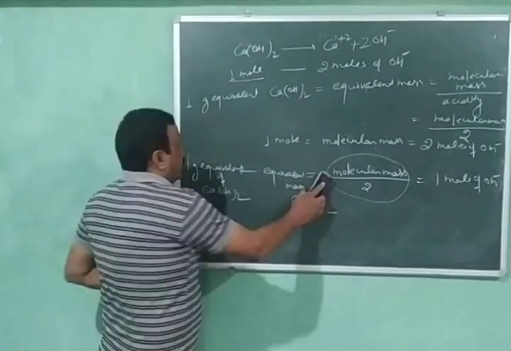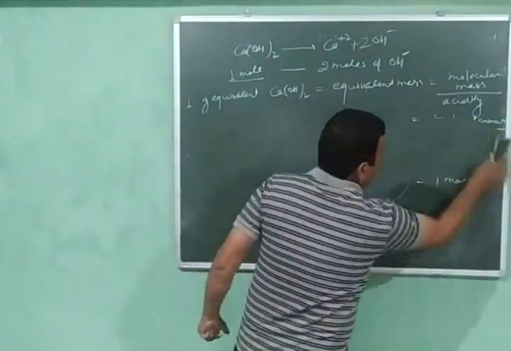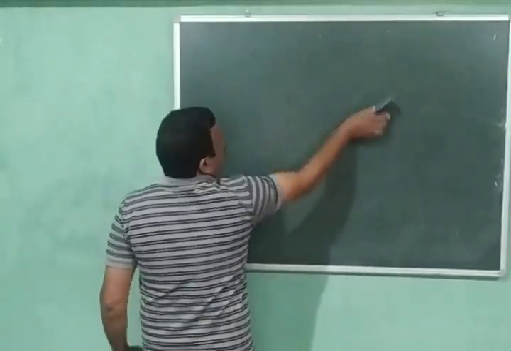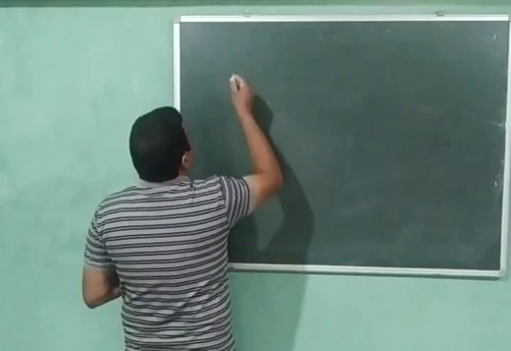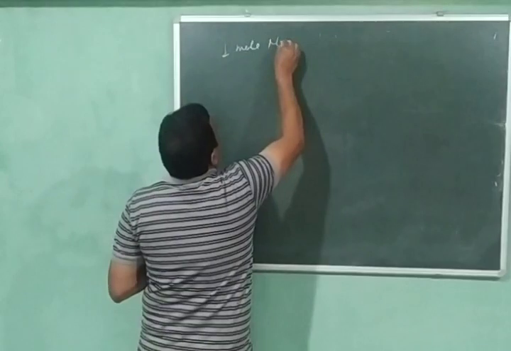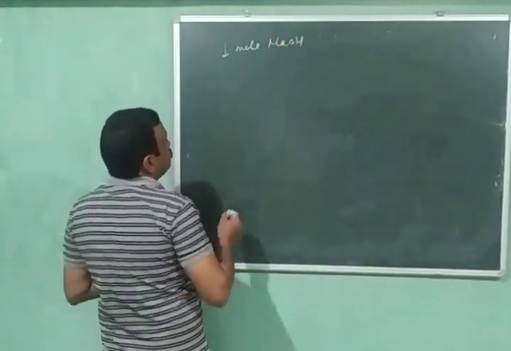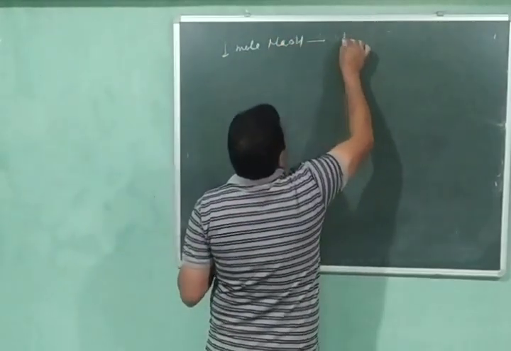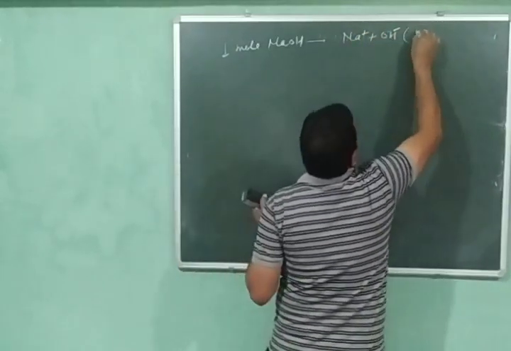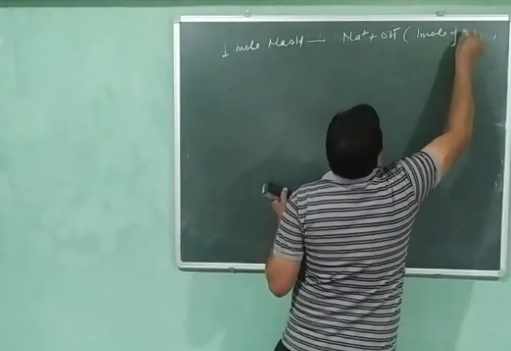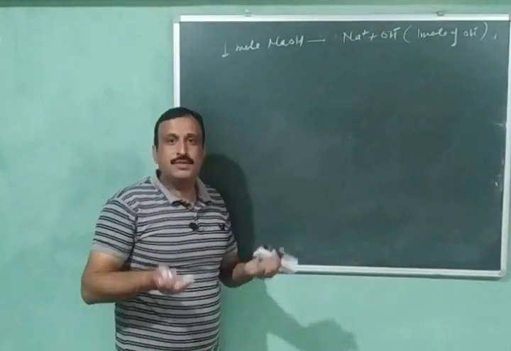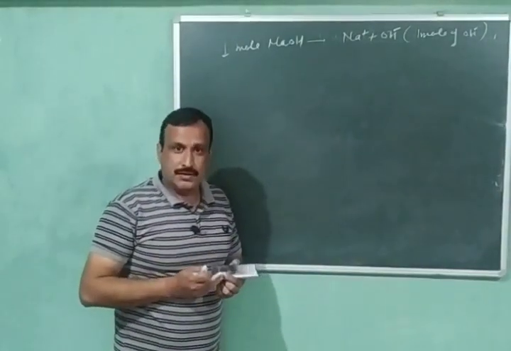Understood? And further, if I take 1 mole of NaOH, then after dissociation it will give us 1 mole of OH ion because its equivalent mass and molecular mass will be same because it is monoacidic.